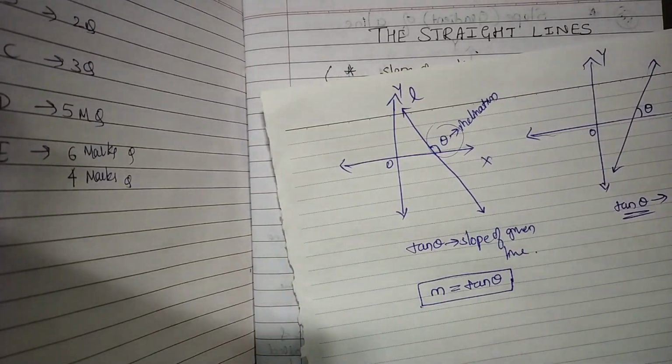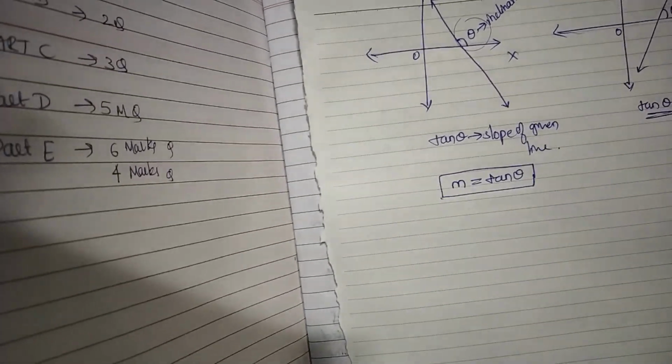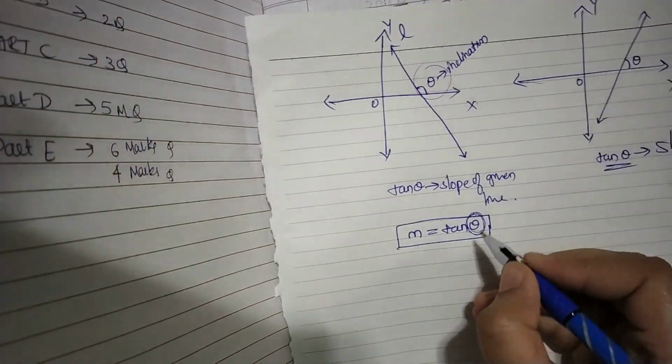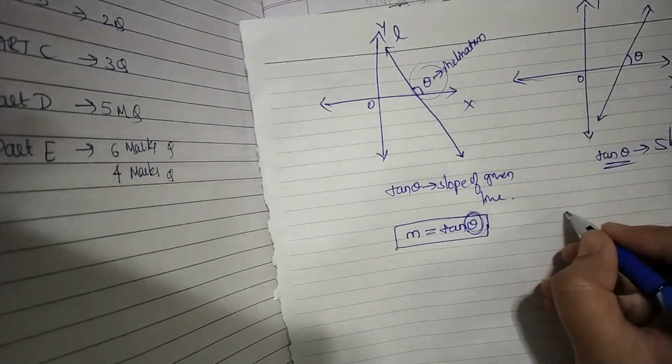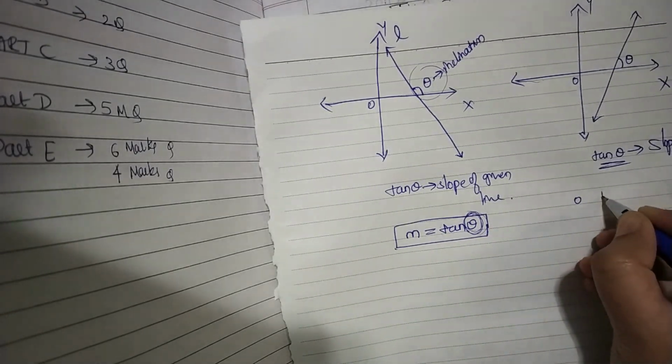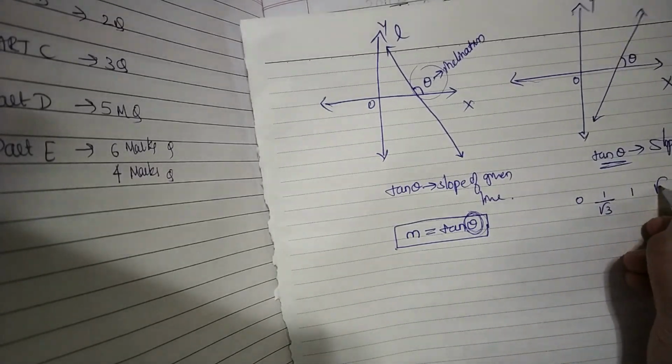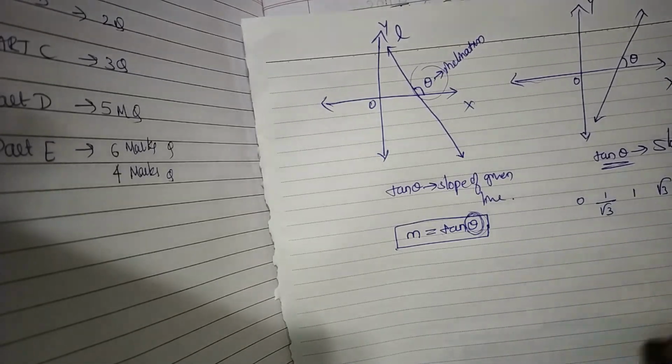If an angle is given, what is its slope? tan theta. If angle is 30 degree, what is the slope of the given line? That is tan 30 degree is the slope of the given line. Okay, so here you substitute the angles. We know the values of tan function. Tan 0 is 0, tan 30 degree is 1 by root 3, tan 45 is 1, tan 60 is root 3, tan 90 degree not defined.